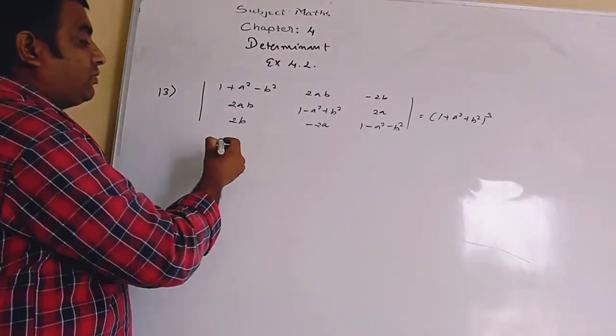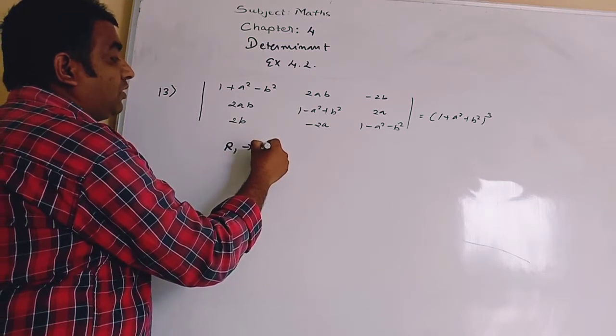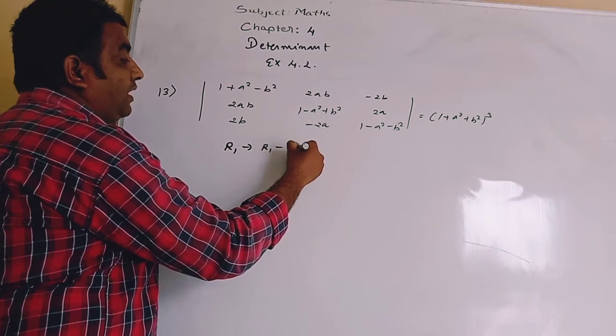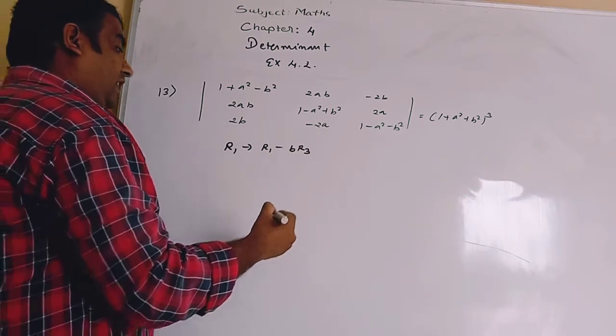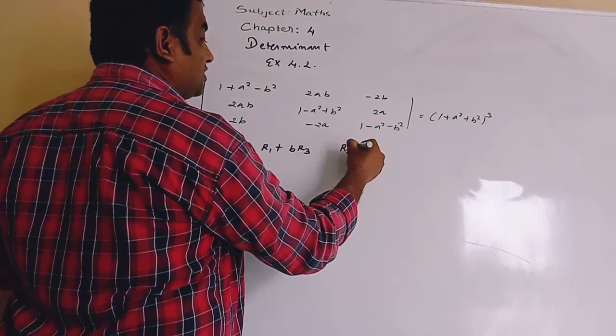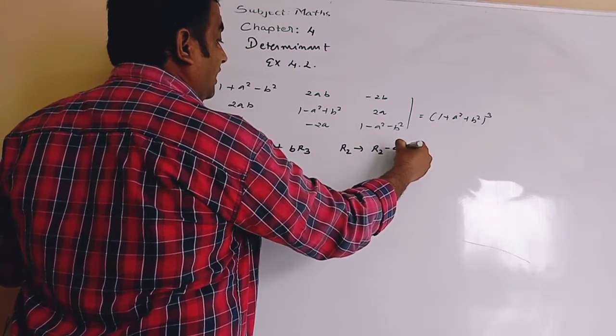So we transform R1 into R1 + bR3, and R2 into R2 − aR3.